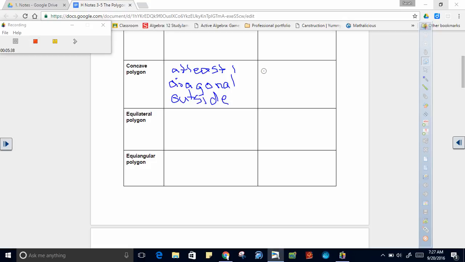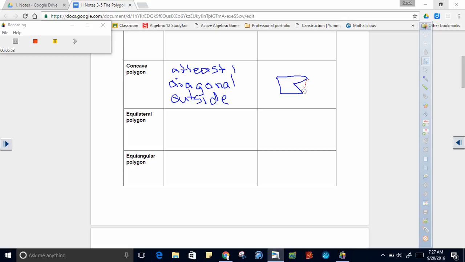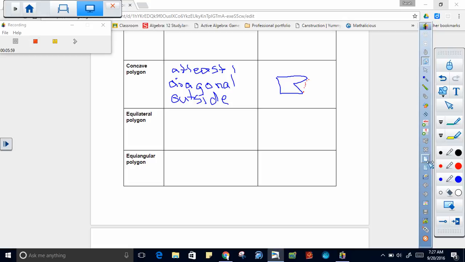So this is like if you had a square, pretend those are straight lines, right? That's kind of like a cave. If I were to do some diagonals, specifically this one right here, that has some diagonals outside of the polygon. Okay, now a couple more.